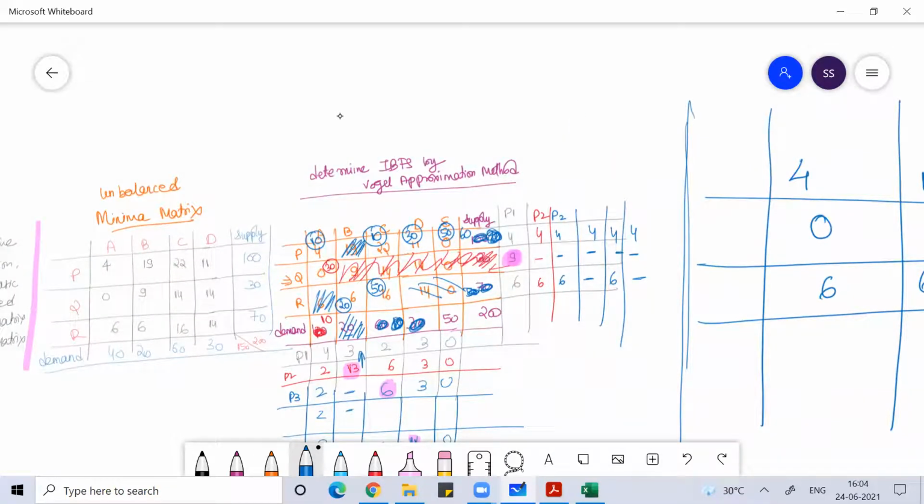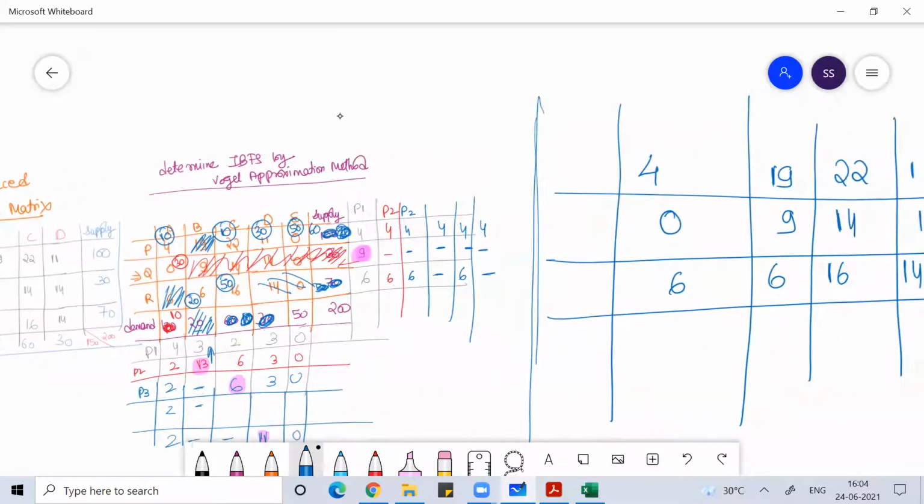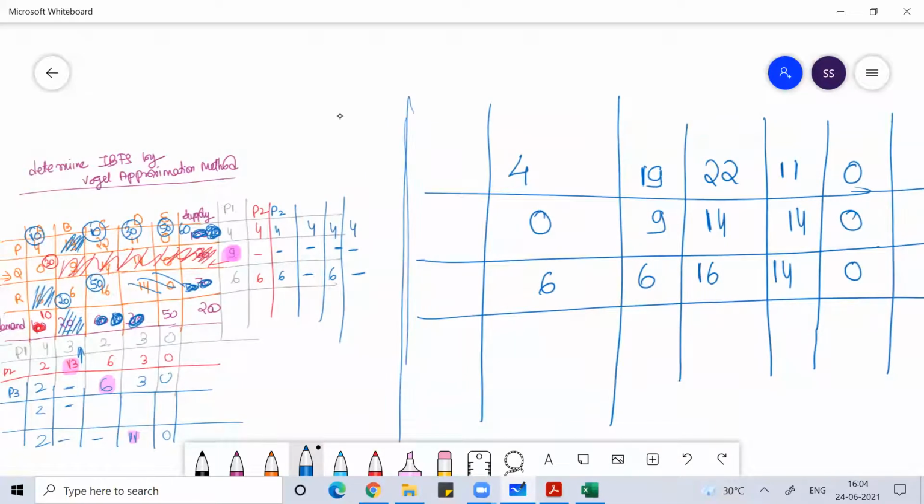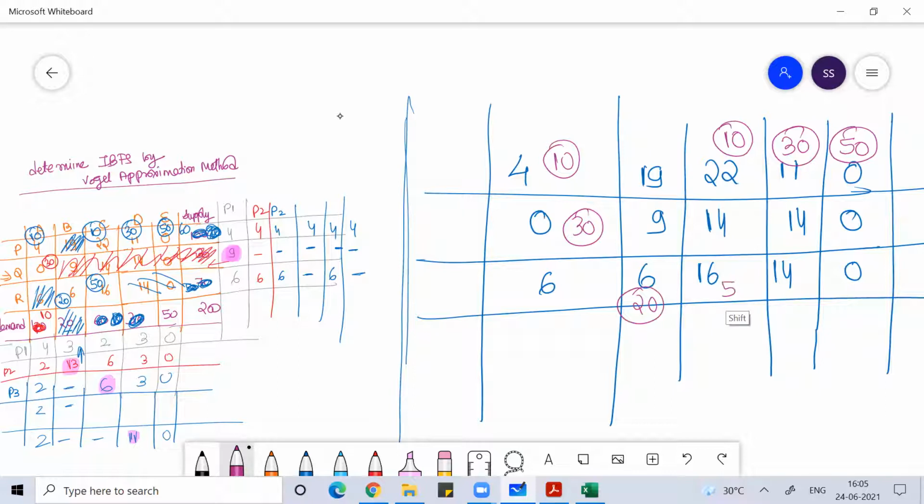Correct, right? And then if I talk about allocation, first 4 is 10, 22 is 10, then 11 is 30, then 0 is 50, then 0 is 30, then 6 is 20, then 16 is 50.